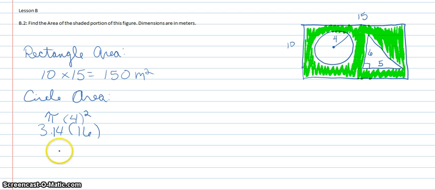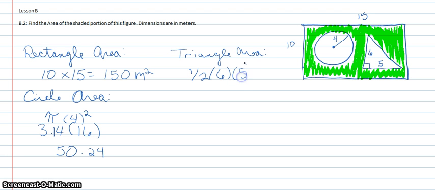Which is 50.24. And then we'll find the area of the triangle, which is 1/2 times 6 times 5. We'll have 3 times 5 is 15, and again these are in meters squared.